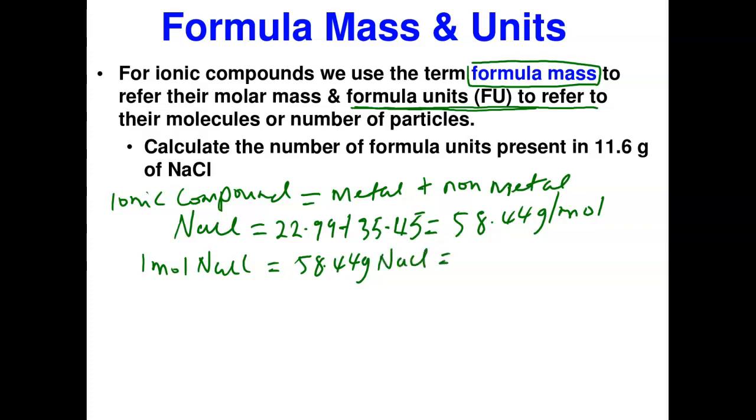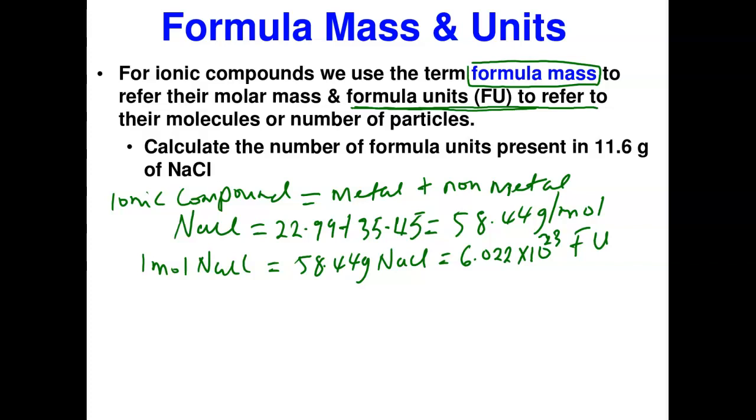And this will be equal to, of course, again, 6.022 times 10 to the 23 formula units. So if this was a molecular compound, I would just say molecules. But because it has a metal as part of the compound, I'm going to use the word formula unit. That is how it comes in.